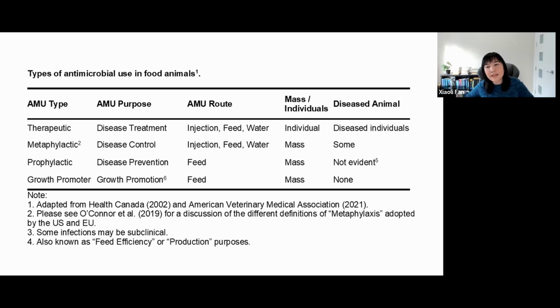And there's a problem with that: even the animals that are healthy are also going to be receiving antimicrobials. In humans and also in companion animals, only when we get sick do we get antimicrobials. However, in food animals, if, for example, 10% of the animals in the pen are sick, then all the animals in that pen will receive antimicrobials.